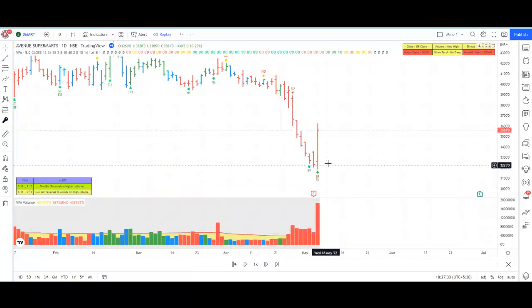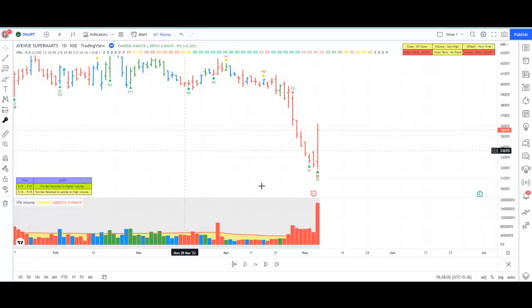Now this bar, if you see, it fits in exactly with our definition of a reverse Upthrust bar. The low is lower than the previous bar. The previous bar itself is a widespread bar with high volume. This bar with much increased volume closing near the high. So this clearly fits in with our description.